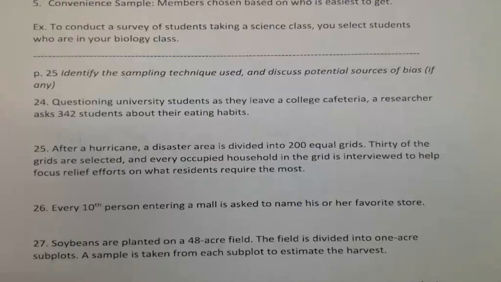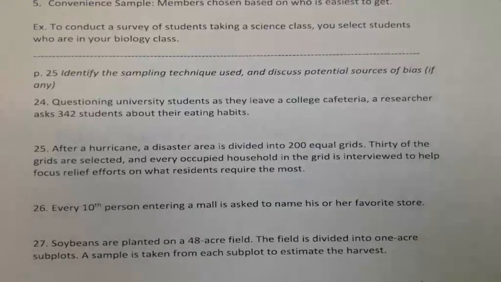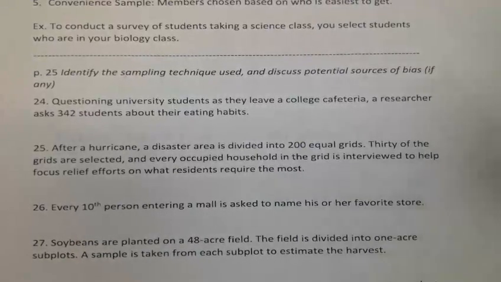The bias, they have their views, you may have your views. So just make sure you know how to identify the sample technique. The potential bias depends on the person, so don't think too much about that part.